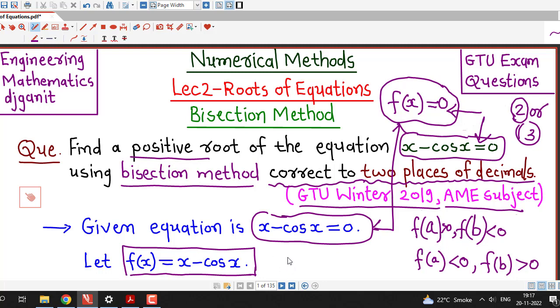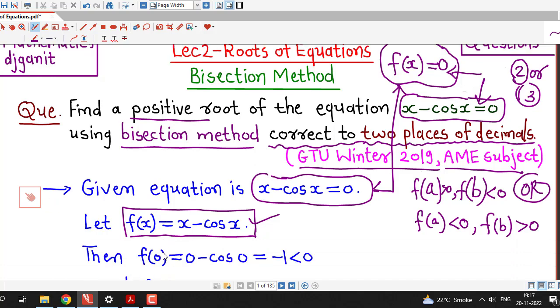We can consider particular values of x, evaluate our function at those points, and search for points a and b for which these conditions are satisfied. I start by taking x equal to 0, and I find that f(0) is 0 minus cos 0. Cos 0 is 1, therefore f(0) is minus 1, which is negative.